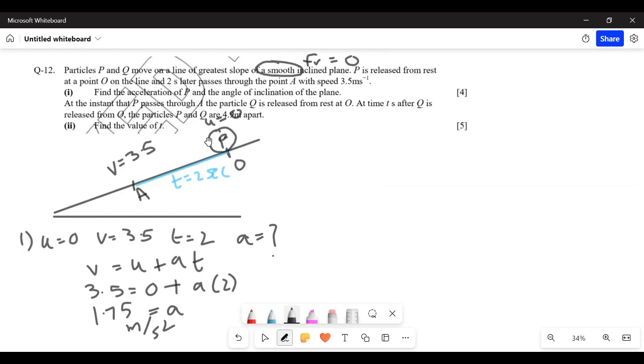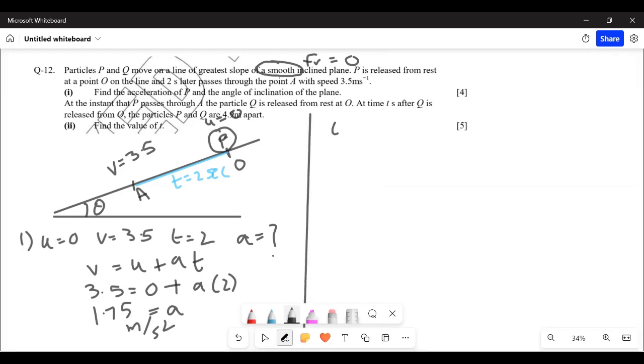Next, it's asking for the angle of inclination of the plane. So you have to find this theta now. Theta equals question mark. So we don't have rise over run or opposite and hypotenuse or base for us to be able to find theta. So instead, we already know the acceleration.